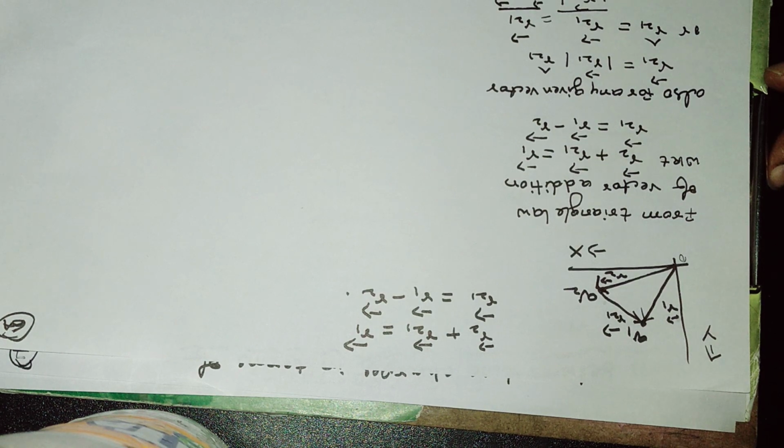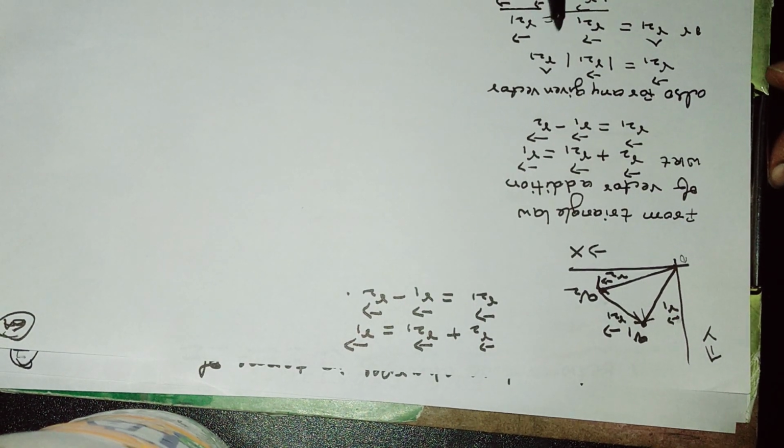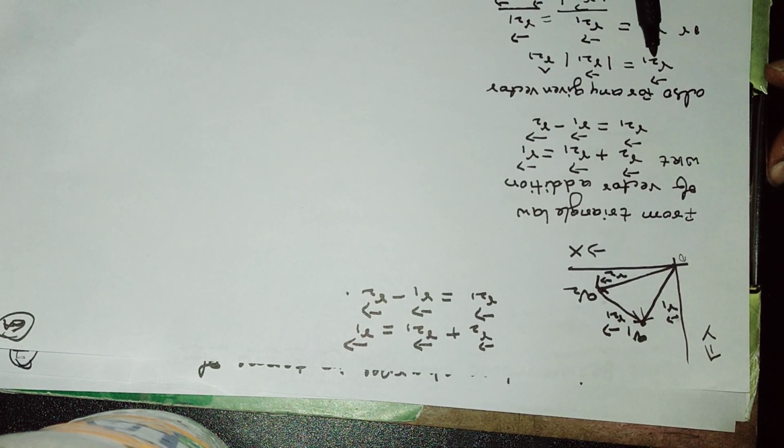One more thing that you have to remember is, you know that a vector has magnitude and direction. Magnitude is represented by writing the vector between two parallel lines. This is what you call modulus. And that gives you the magnitude, and the direction is given by the unit vector. So this is how you represent the unit vector, by putting a cap or hat over the vector. The combination of these two makes a vector. I have just taken vector r21.